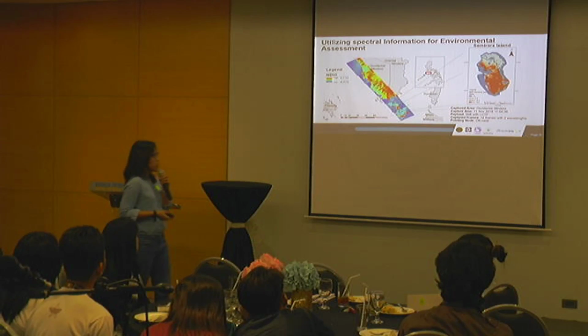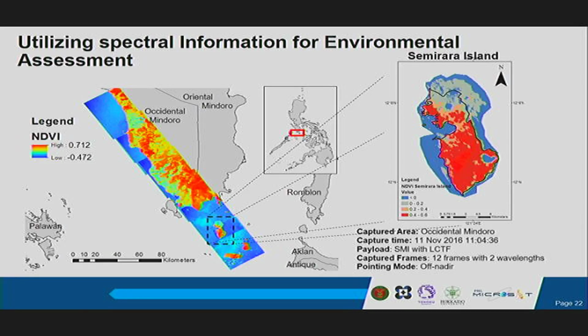In this zoom-in area, this is Semirara Island. The blue part of this image here is actually ocean. The black line that you see is the boundary of the island. And you can observe that there are gray areas that already exceed the boundary.